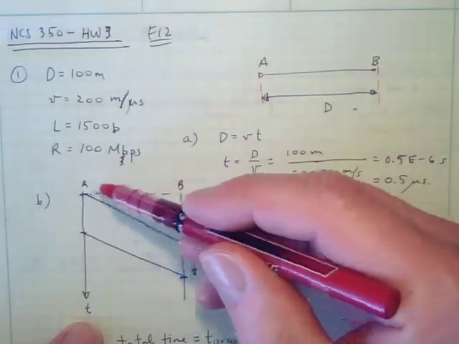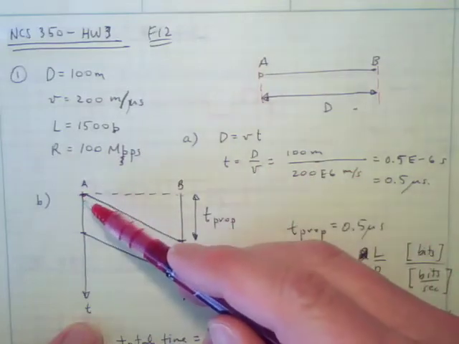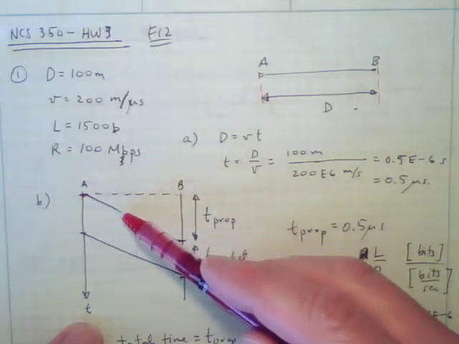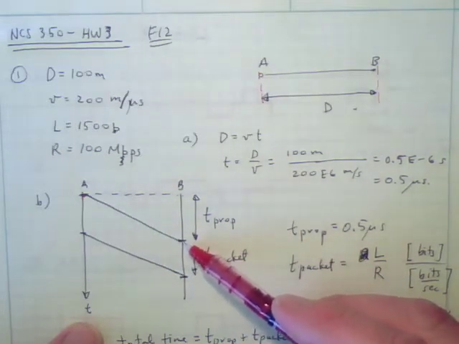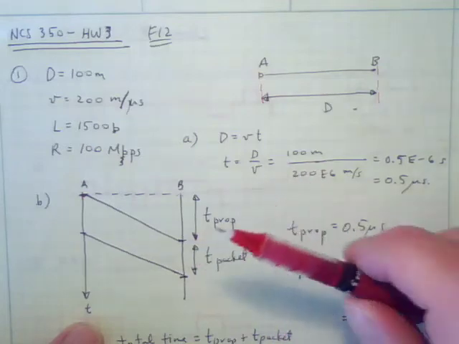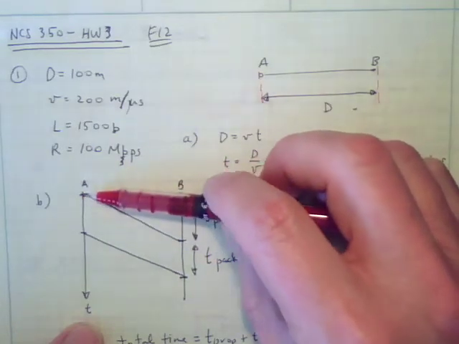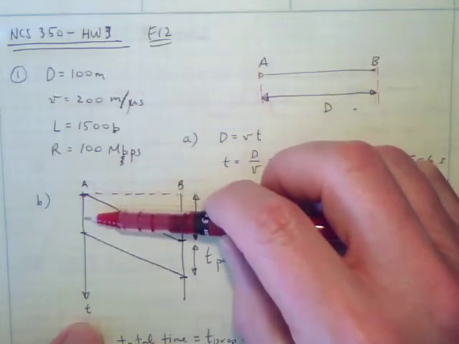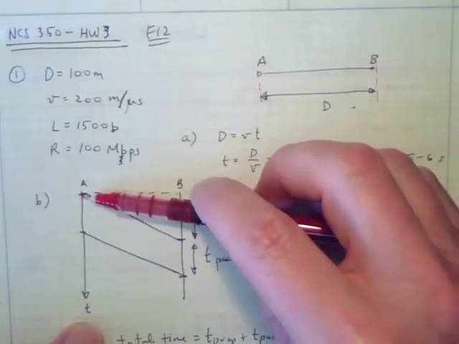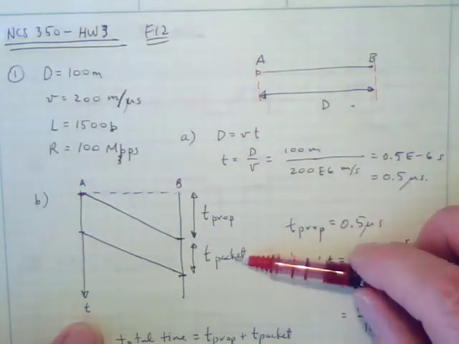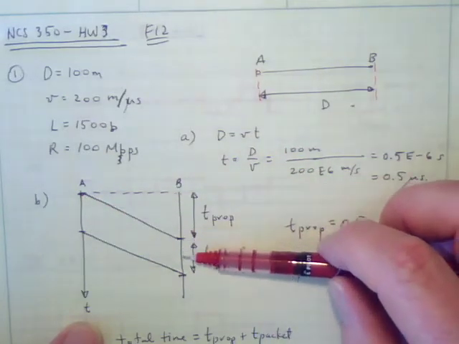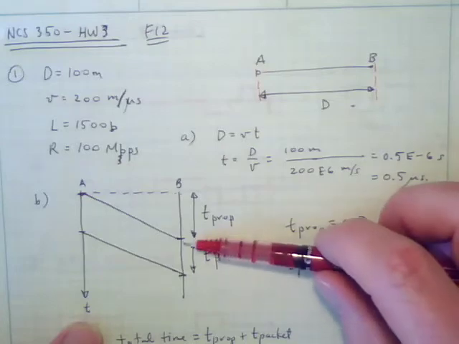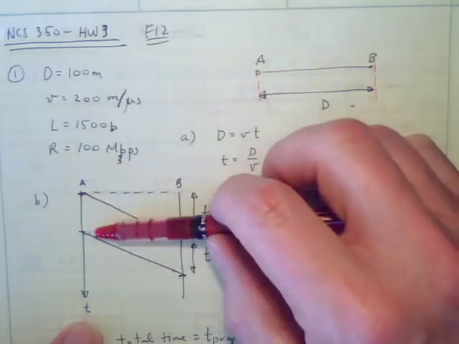Starting at time t equal to 0, A emits the first bit of the packet, and that bit moves in time across with a slope equal to the velocity to station B. From the time that A emits the first bit, there's a certain amount of time that it takes to emit the entire packet, and that amount of time is called t packet here. The same amount of time that it takes A to emit the packet is the amount of time that it's going to take B to receive that packet. So I can label it either over here at A or over here at B.